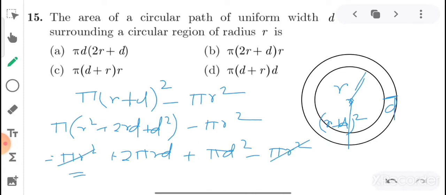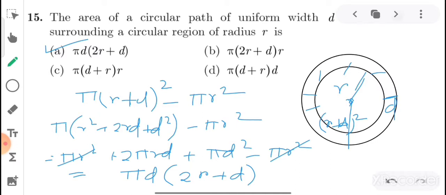If we take pi d as common, it will be pi d (2r plus d). That is the area of this circular region. Hence option A will be the correct option.